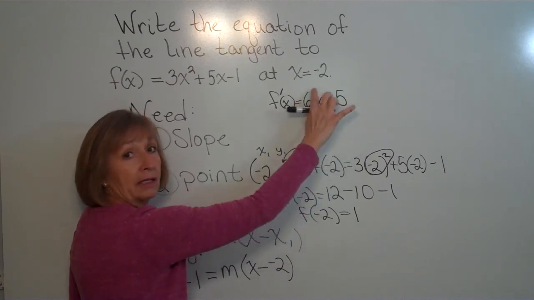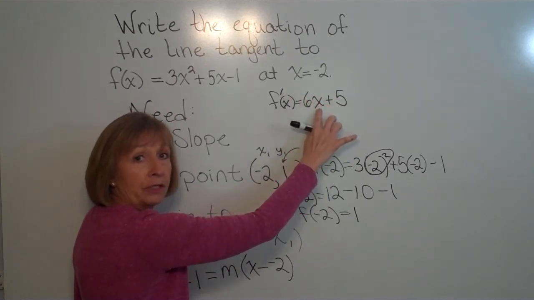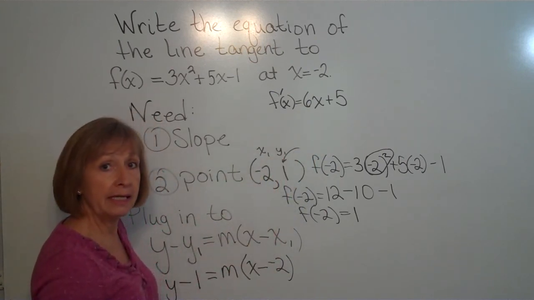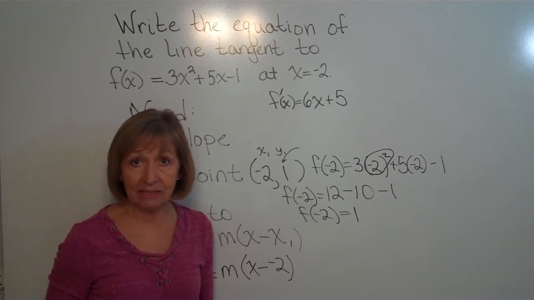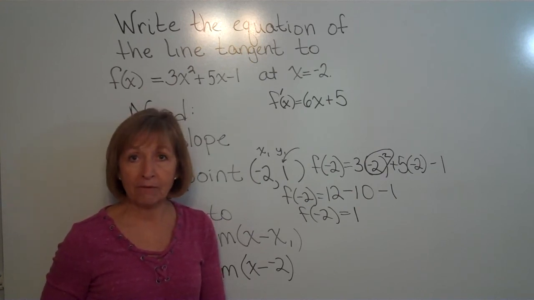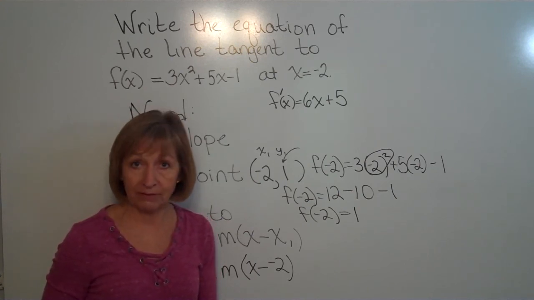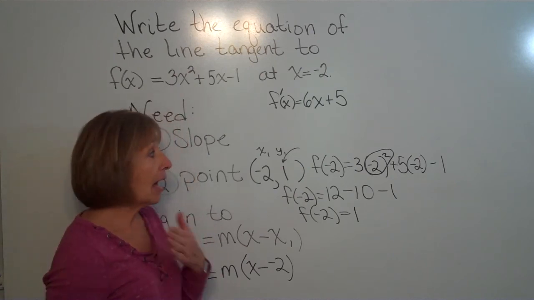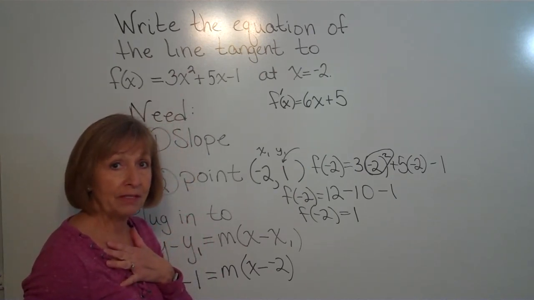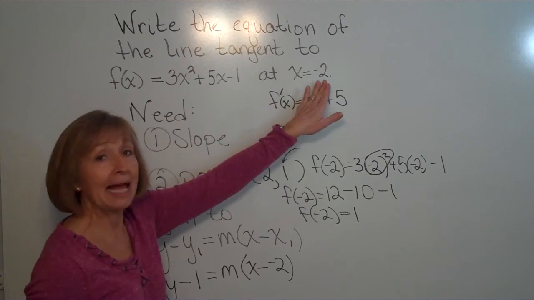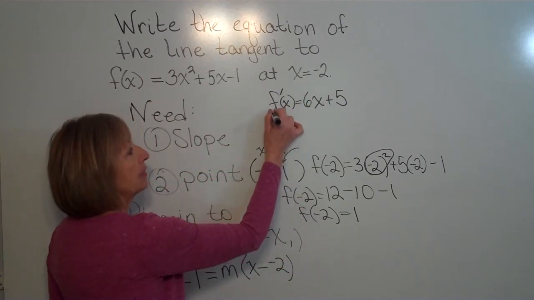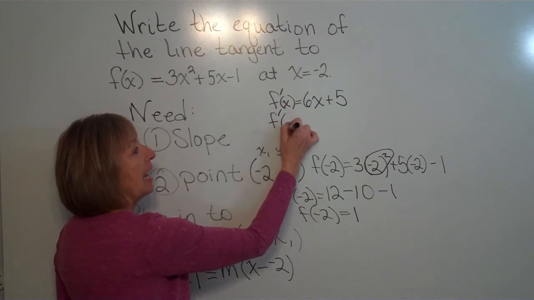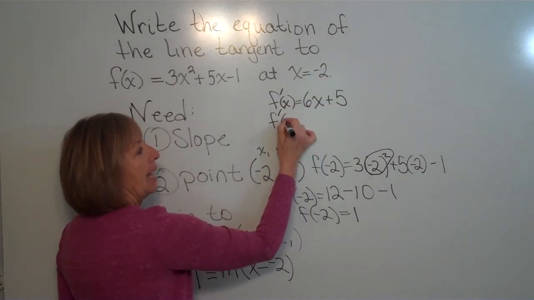This is the formula whose output is the slope of the tangent to this function at any given x value that's in the domain of the function in which that derivative exists. I want to know the slope of the tangent to this function at x equals negative 2. So to find the slope, I will take the derivative and I will evaluate it at negative 2.